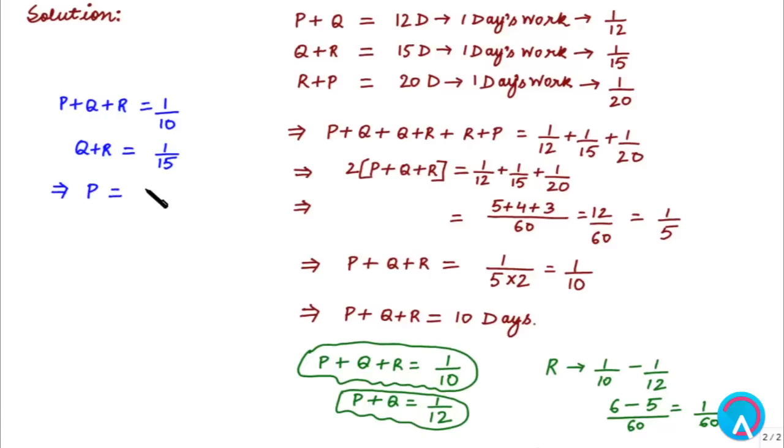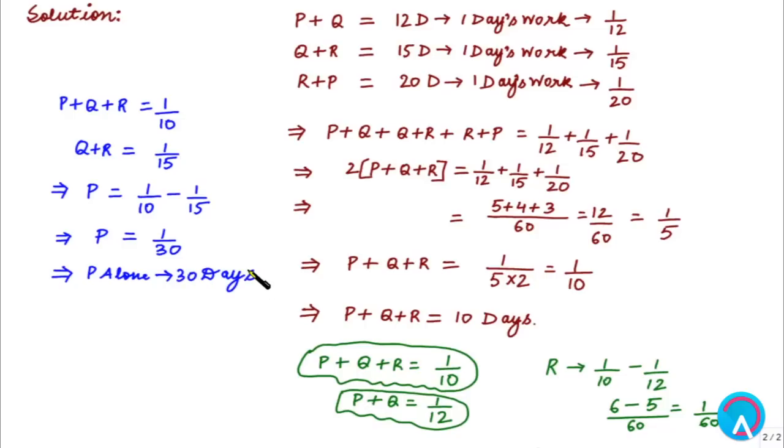That will be equal to 1 by 10 minus 1 by 15. This implies that P here will be equal to 1 by 30. So this implies that P alone can finish work in 30 days.